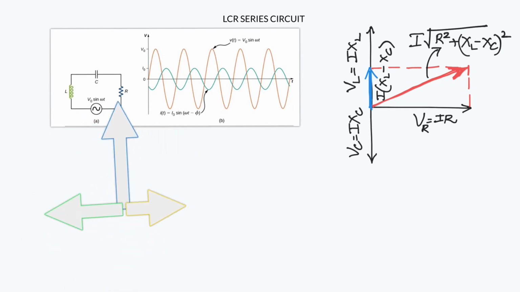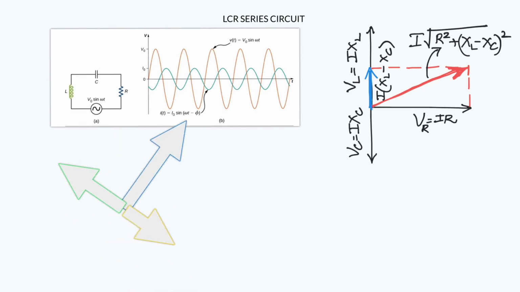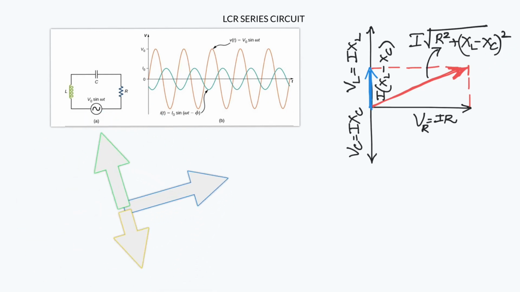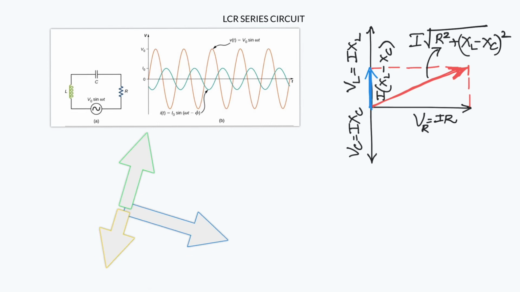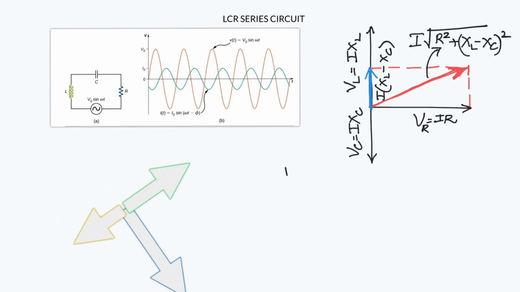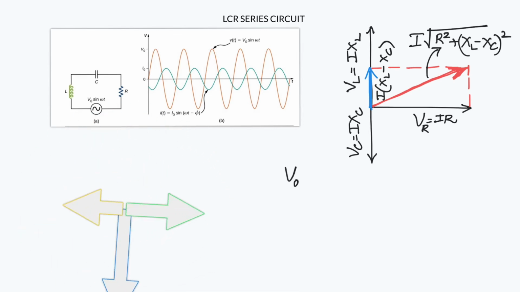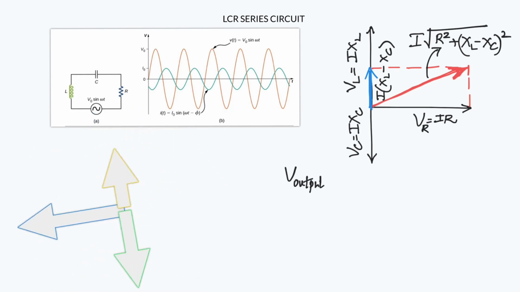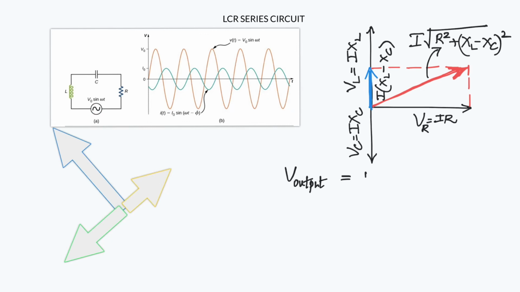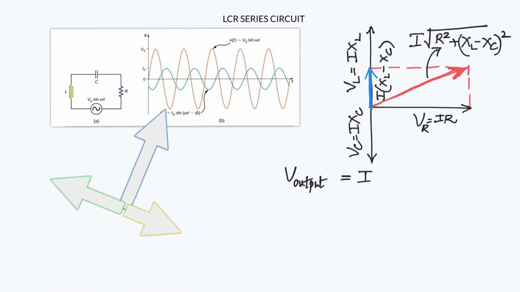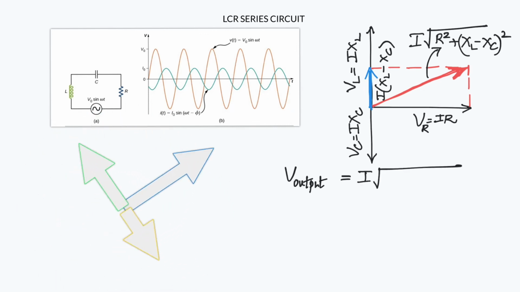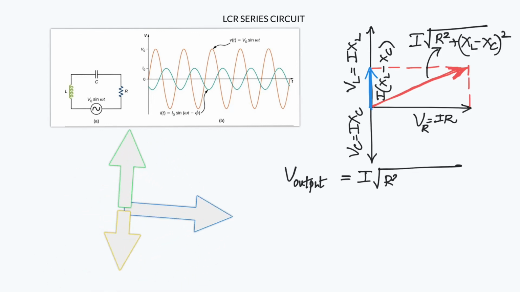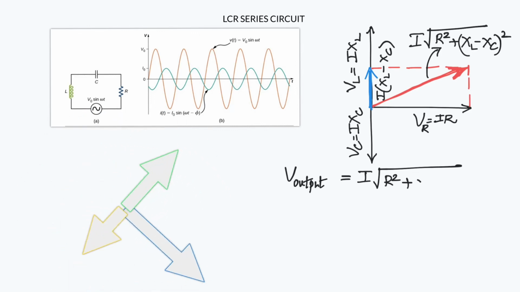So that is the resultant voltage. That is the net voltage or the resultant voltage in an LCR series circuit. I'm calling it the output voltage here, the net voltage, and that's once again I times square root of R squared plus (XL minus XC) whole squared.